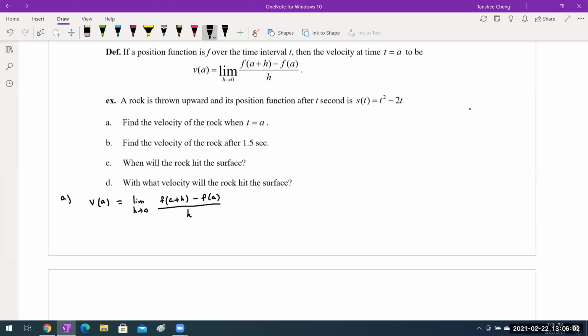In this case, I want to change it according to the problem. This is not an f function anymore. We have a position function s. Make sure you write it properly.